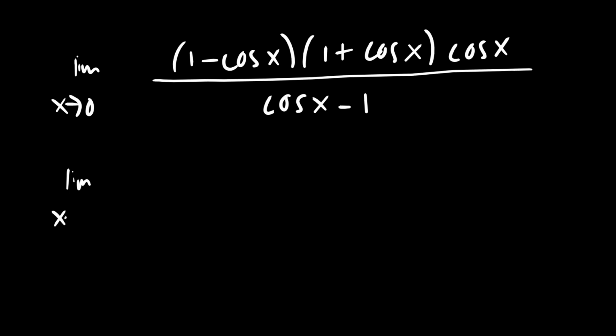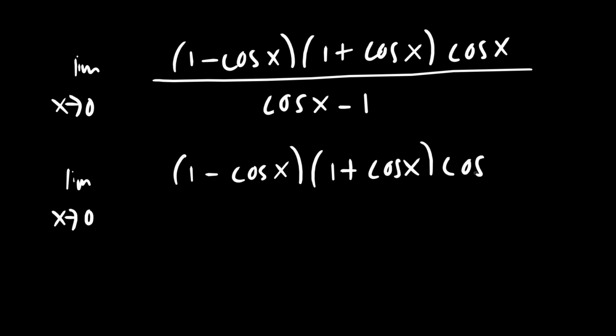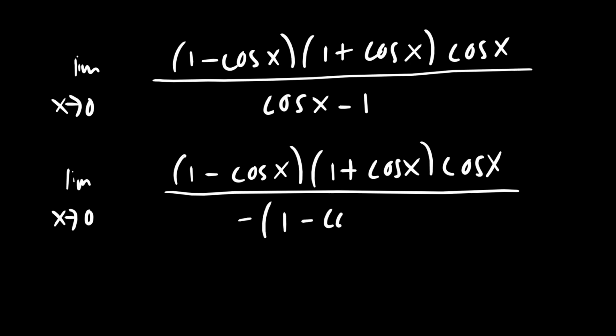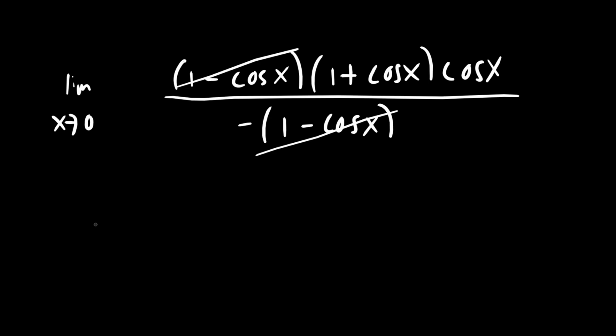To cancel this, we'll divide the denominator by negative 1, so it becomes 1 minus cos x, with 1 plus cos x multiplied by cos x all over negative 1 times 1 minus cos x. So we'll cancel. The remaining will be limit as x approaches 0 of negative 1 plus cos x.